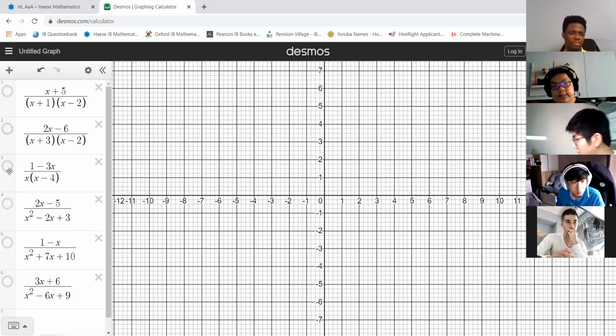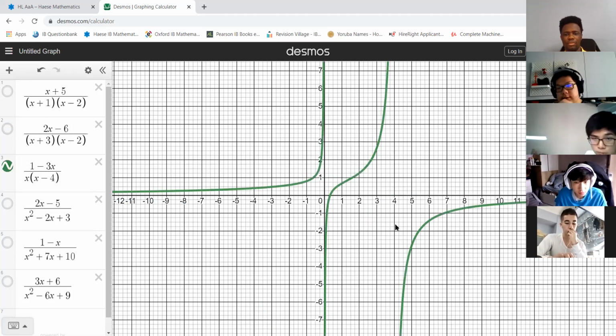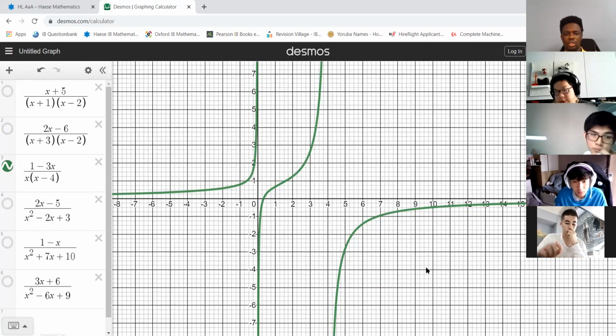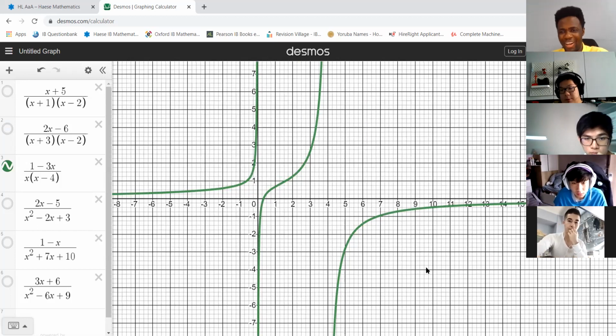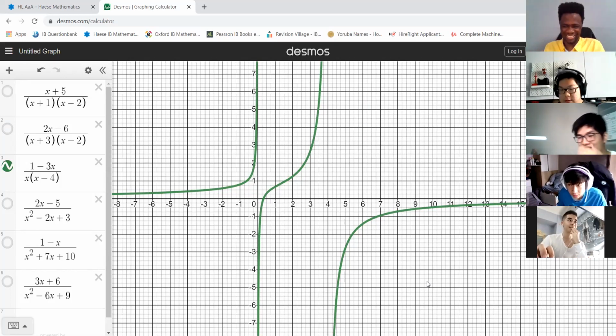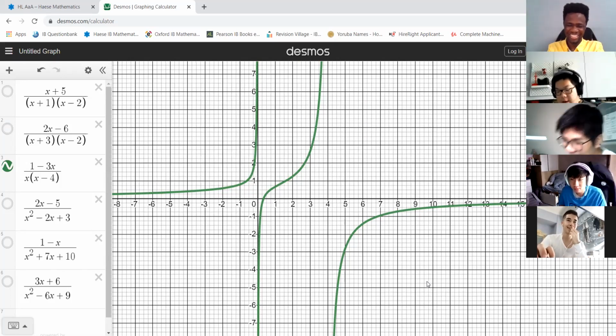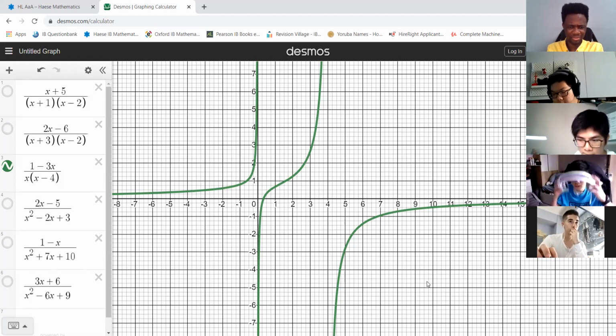Mr. Iron Man, your turn, sir. I think this graph looks the coolest. I'm just gonna put that out there. Everybody give my graph the badge of cool. So my domain is all real numbers except 0 and 4, because those are asymptotes.